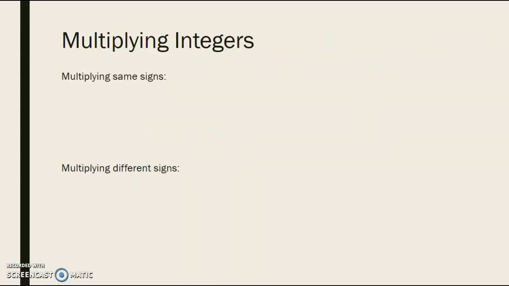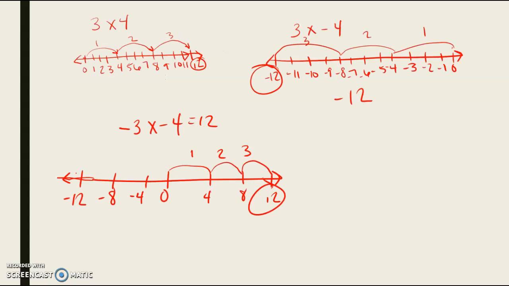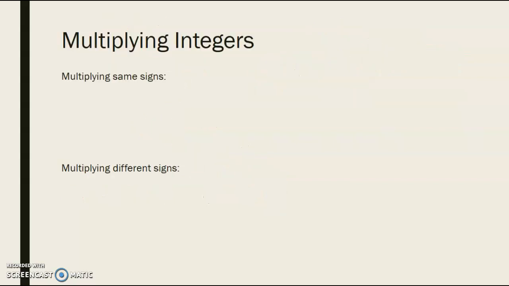So, in looking at this, our 3 times 4 gave us a positive 12, and our negative 3 times a negative 4 gives us a positive 12. So that would tell us that if we're multiplying with the same signs, our answer will be positive.